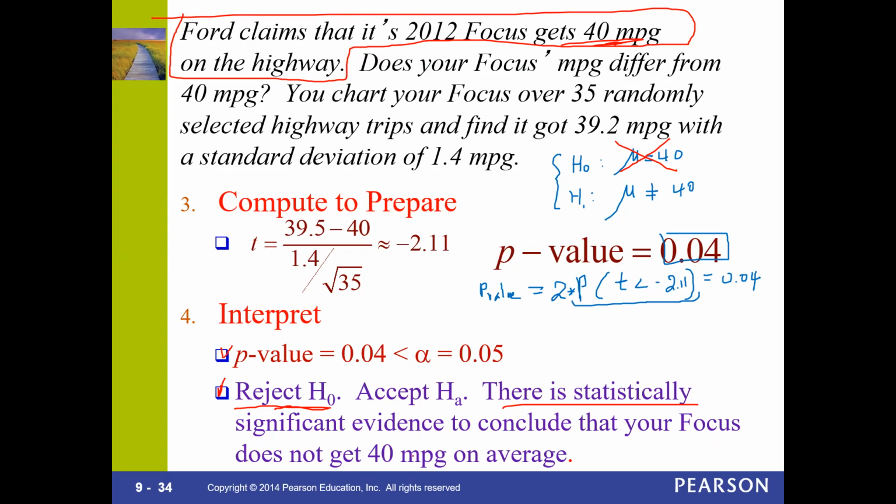If you conclude that it's different, then you have to answer this question: does your Focus MPG differ from 40 miles per gallon? You're going to say yes, it differs. It's completely different from what Ford was saying.